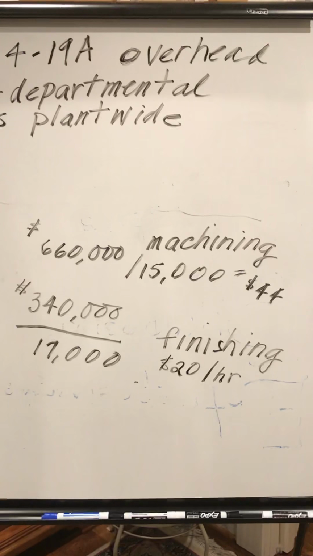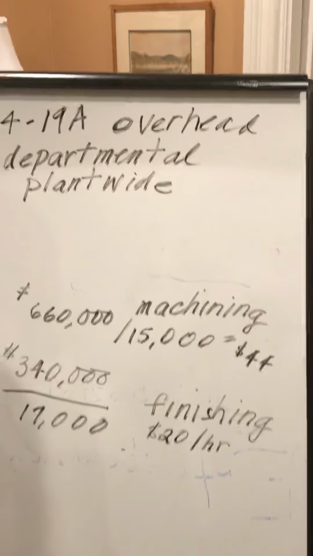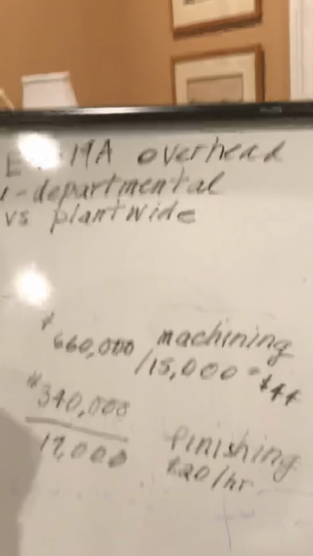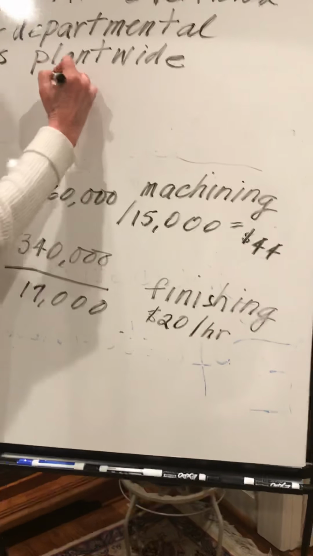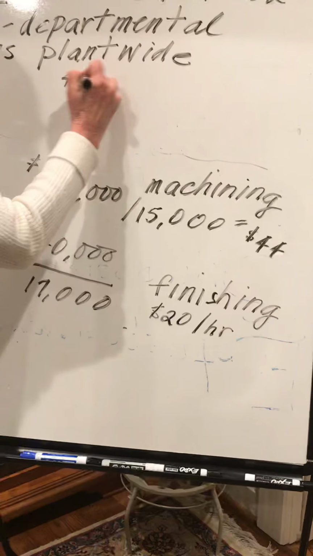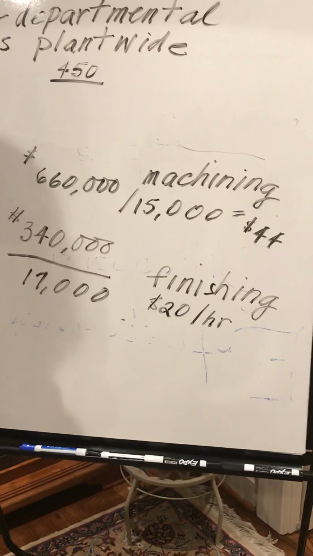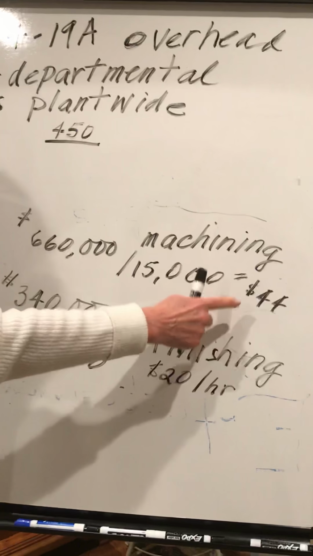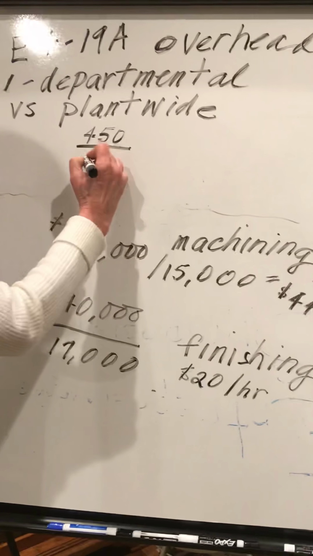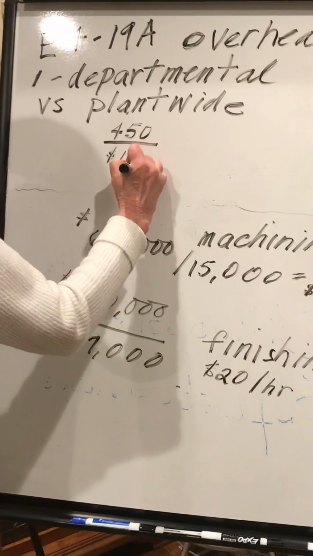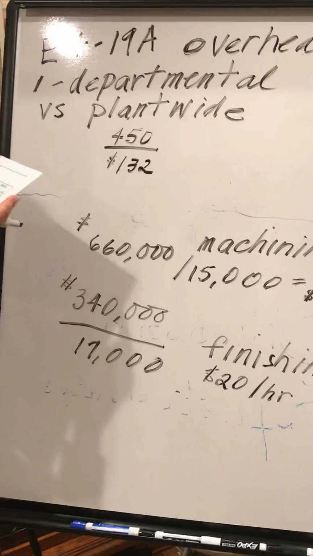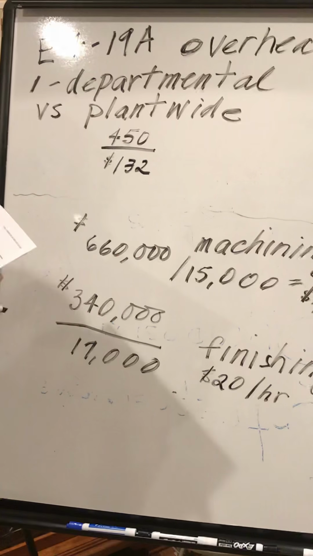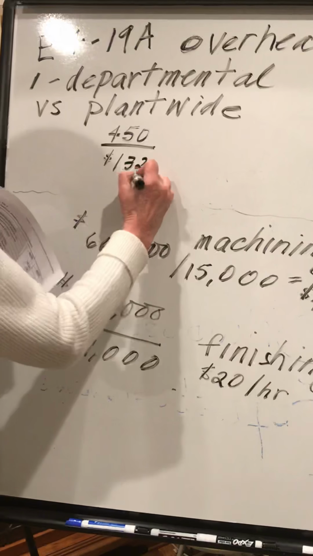Now, if we look at these two jobs using departmental rates, so we have for job 450, we expect 3 machine hours, so 3 times 44 would give us $132. And 4 direct labor hours in the finishing department, that will give us $80.